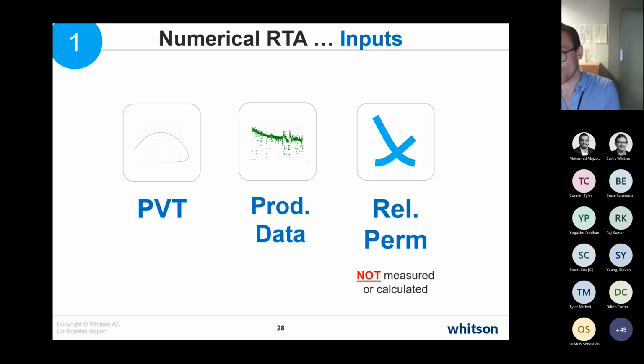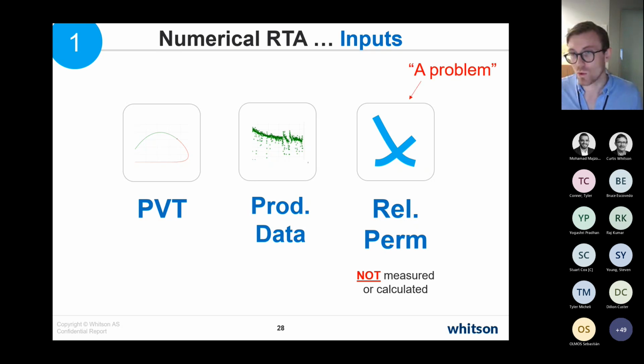But the last thing that is required is relative permeabilities. That's one of the inputs that is not measured. I think I've seen two rel perm sets ever in shale, and you always have the question, can you actually use them, or how would you use them? They also can't be calculated from readily available data. So this is a problem.